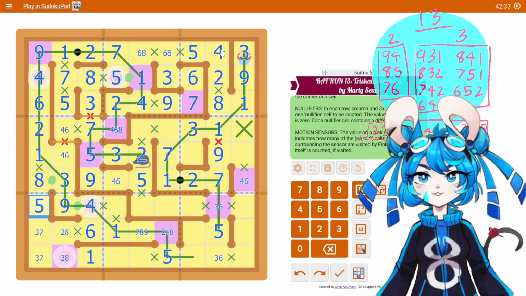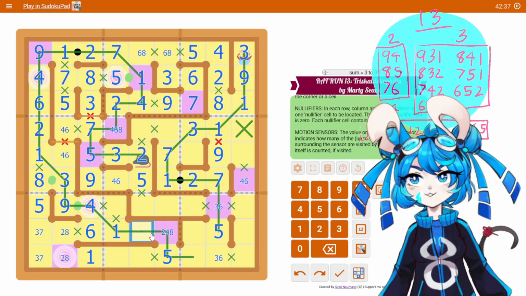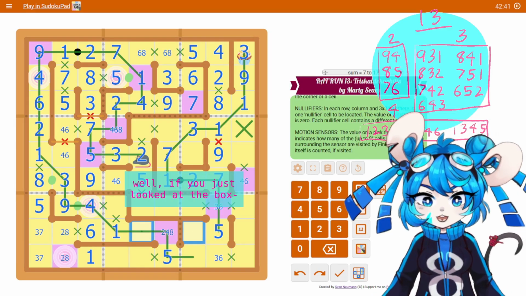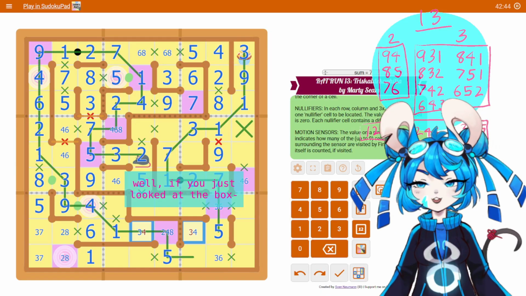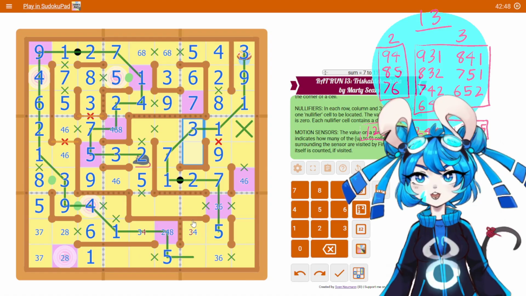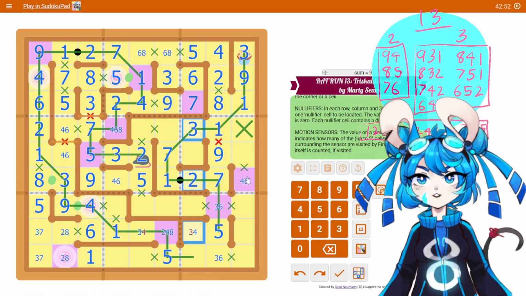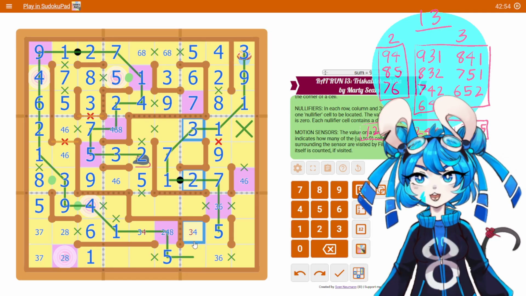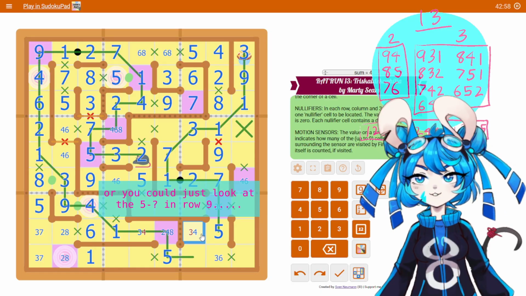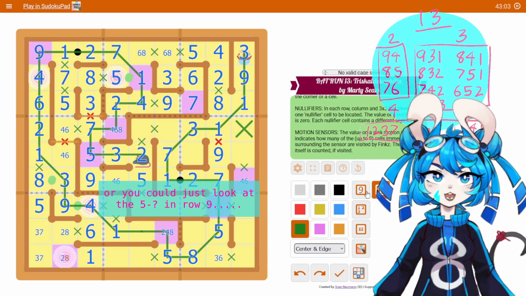Puts a 5 up here. Could it visit these two cells? Or could the path be 1-3-4? Could this be 3-4? Potentially. 2-3-4. No. Because if it visits these three cells, 2-3-4 is not a valid combination for any of our 4-cell clues. So this has to be an 8, and this has to complete our line.